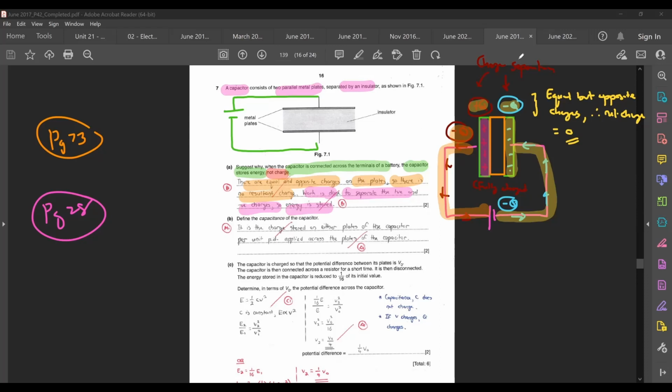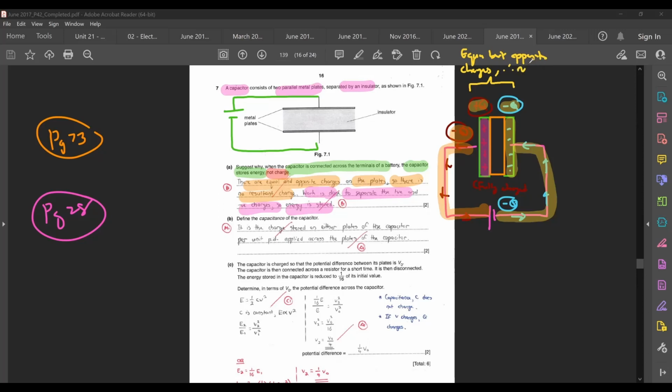All right. So is there anything here I can actually write? Maybe I should write it as this. Just give me a moment. This one, let me redraw the diagram. Maybe this one will be better. This one is equal but opposite charges.